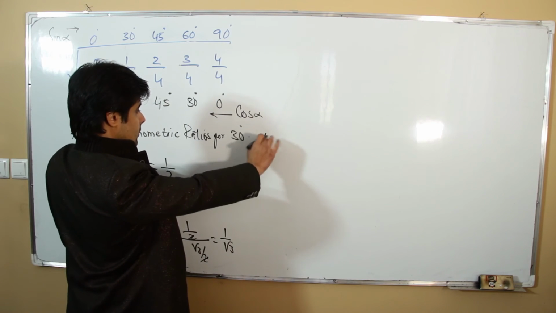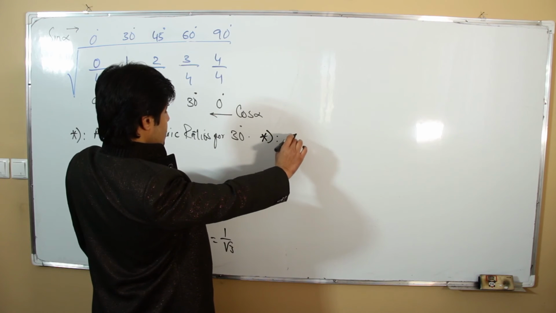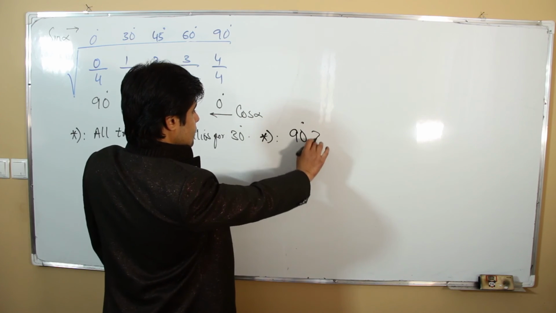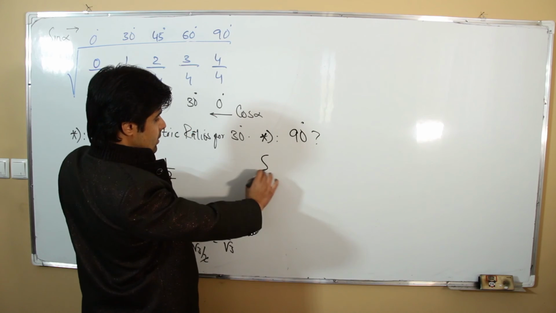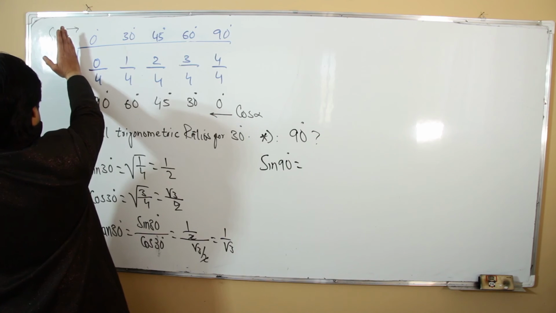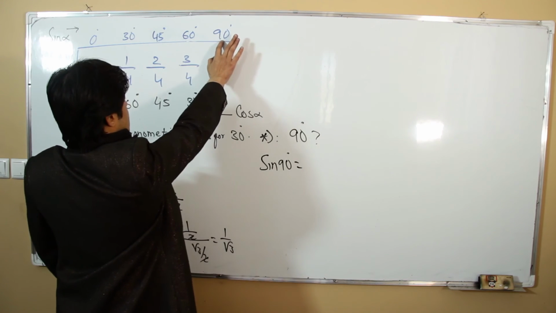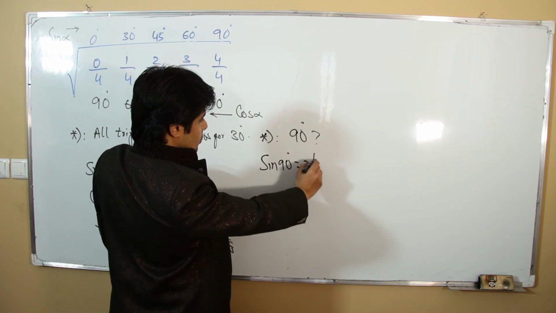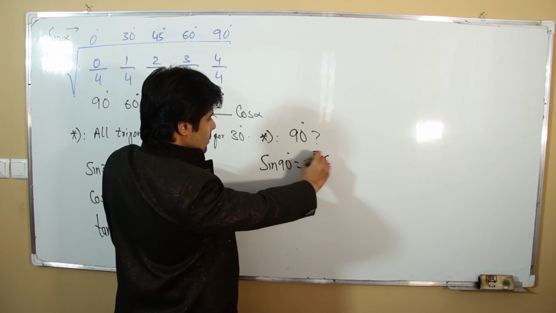Suppose another example. For example, all trigonometric ratios for 90 degree. Now, what is sine 90? It starts from left to right. This is your 90. The value is 4 by 4 under root. Root 4 by 4. 4 with 4 is cancelled.